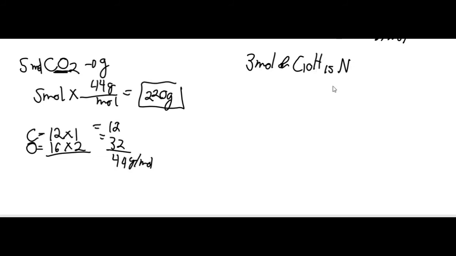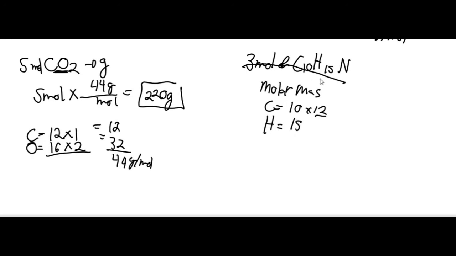All right. So let's get the molar mass of this compound. We have 10 times 12, where 12 is the atomic mass of carbon, and we have 10 carbons here. Next, hydrogen.